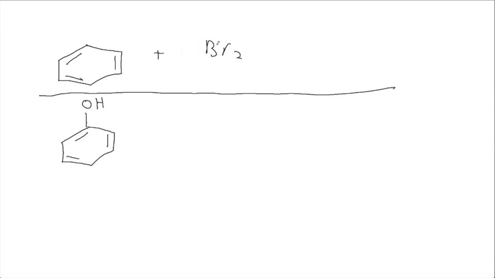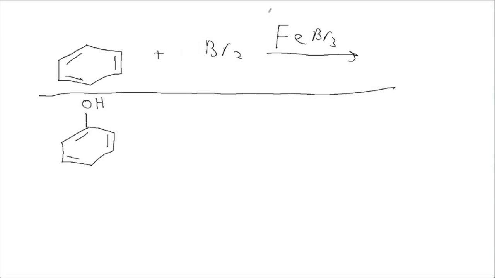Br2 actually is somewhat electrophilic, but it's not electrophilic enough to react with a poor nucleophile like this. Do you remember, what did we say we had to do to get a reaction to happen here? You could add a strong acid to make a better electrophile out of Br2. Right. What we added, in these cases, were what are called Lewis acids. Good.